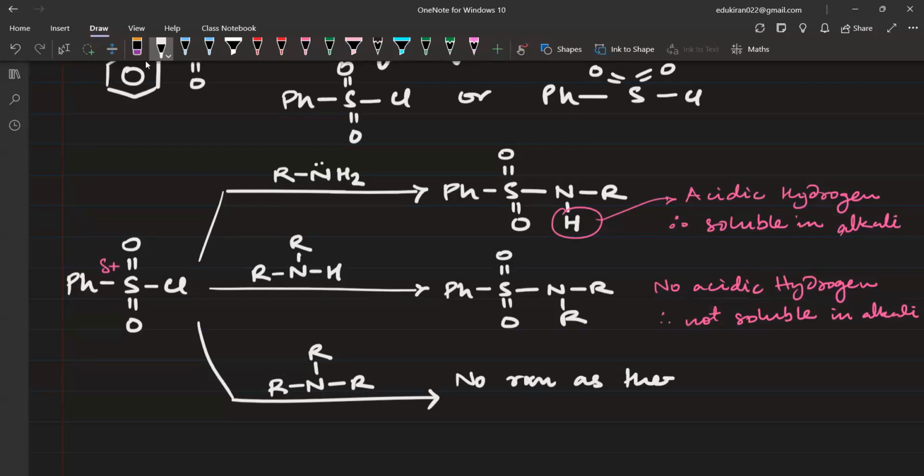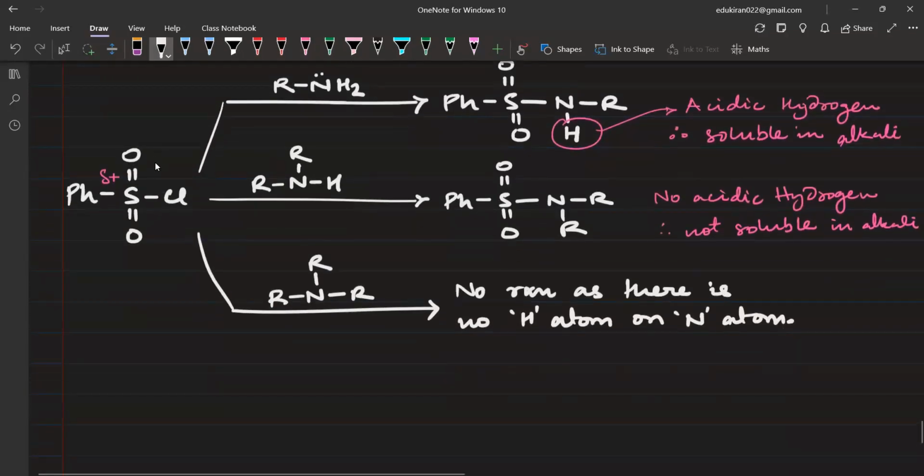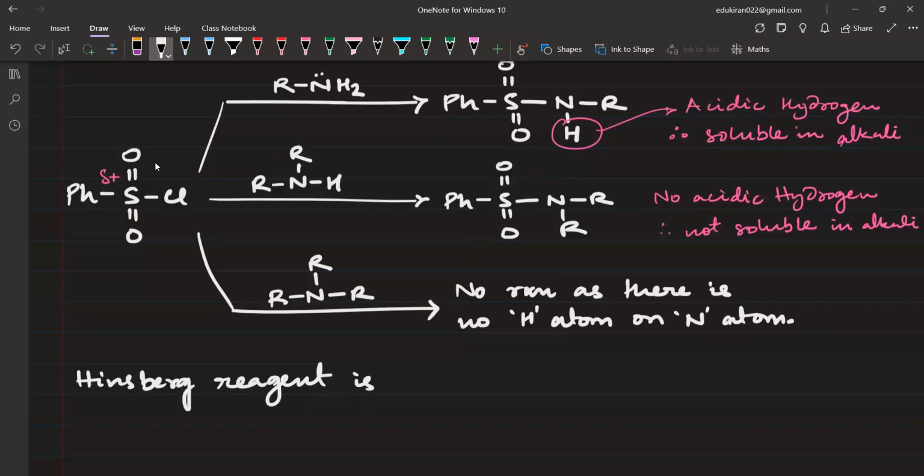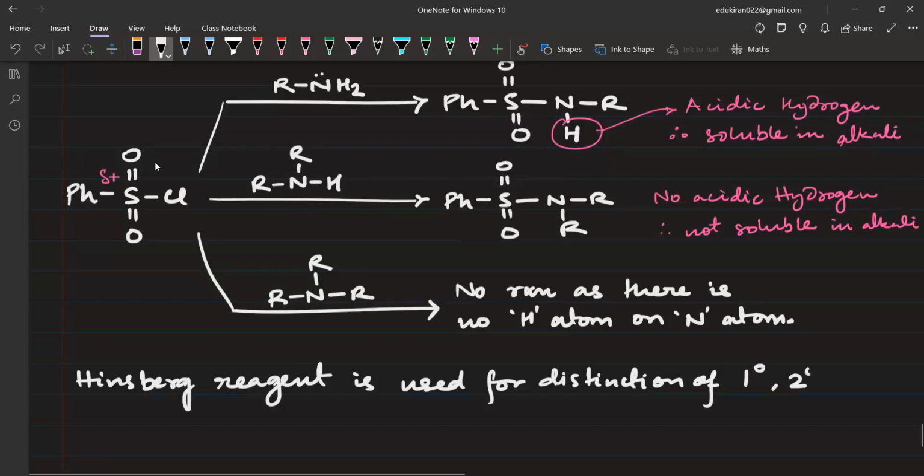That's why there will be no product. So Hinsberg reagent is used for distinction of 1 degree, 2 degree, and 3 degree amines.